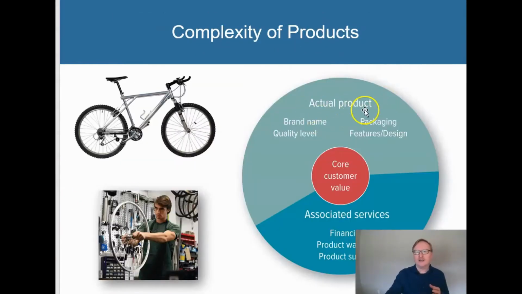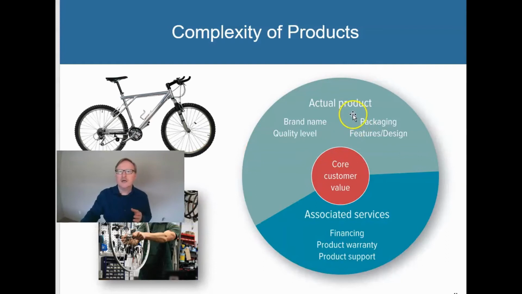So yeah, the actual product, complexity of products. So a product is complex. Oh, sorry, I moved my little picture around here. The actual product itself, the brand that product's associated with, the quality that we associate with maybe the brand, right, or that product. But of course, where we think about quality, a lot of times we have that in our mind as it relates to the brand.